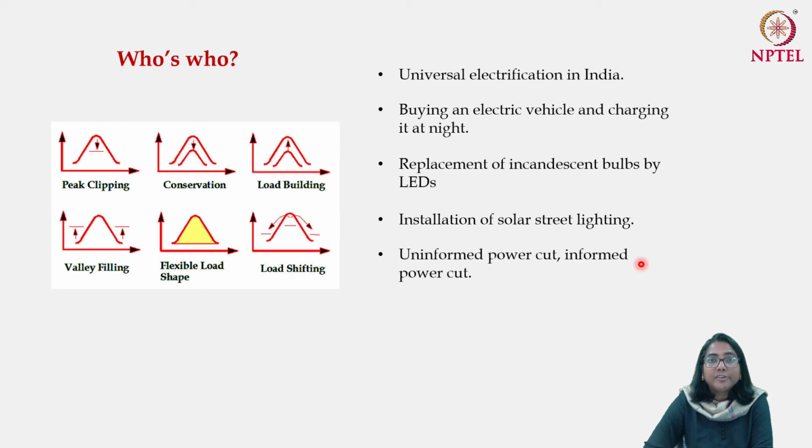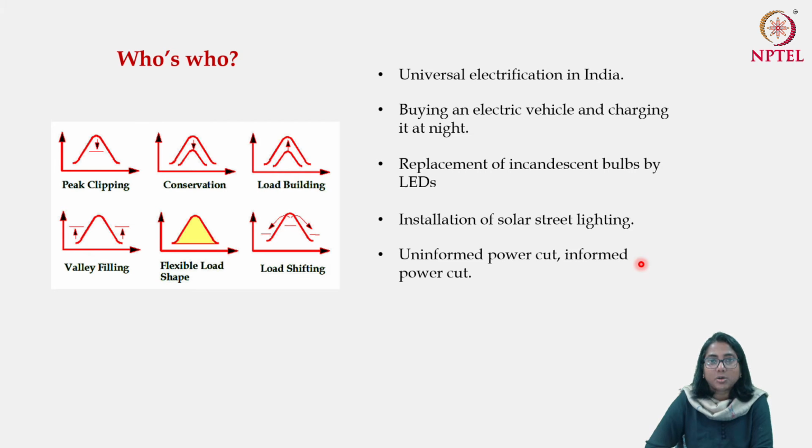However, consider an informed power cut. If the power cut is not because of some technical fault, then it takes place during the peak period. Now, if there is an informed power cut during the same period of time, that is from 8 to 9:30, and you know it beforehand, what will you do? Probably you will heat your food a while before 8 p.m. and keep it and have it at your dinner time.